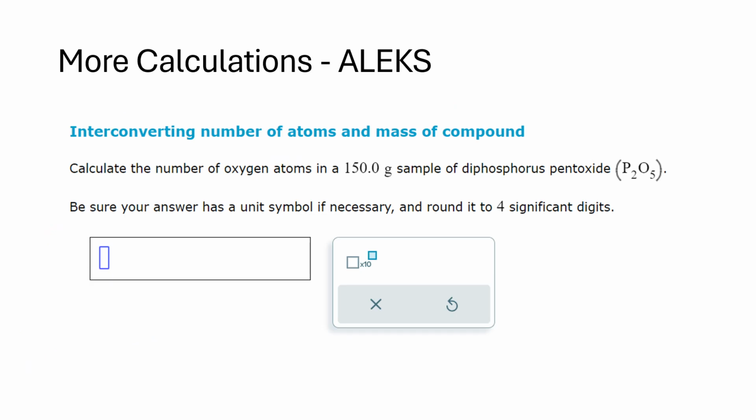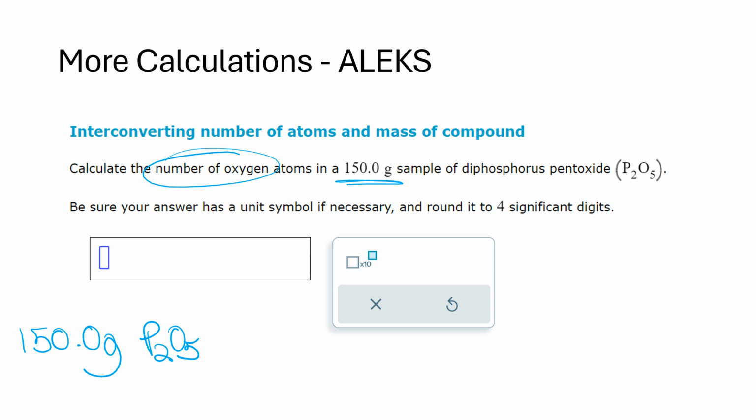Now, this is a little more difficult than the other ones because we have given and we want to find the number. So we have grams of diphosphorus pentaoxide. So 150.0 grams of P2O5. Whenever you have anything such as grams and you need to get something else such as number, you have to convert that to moles.